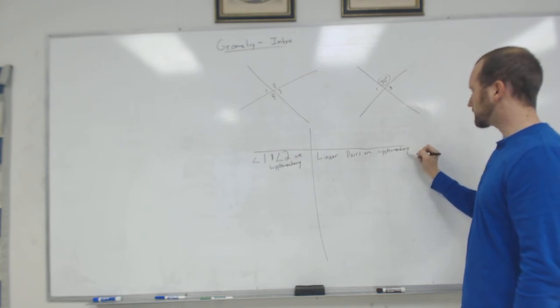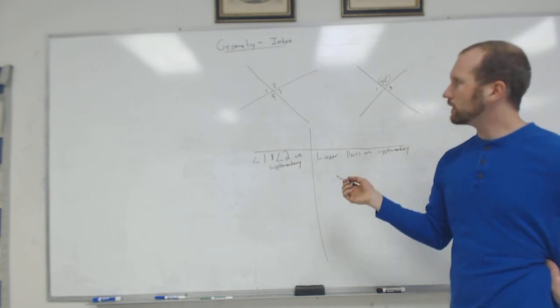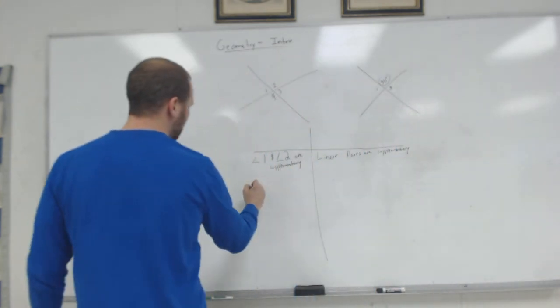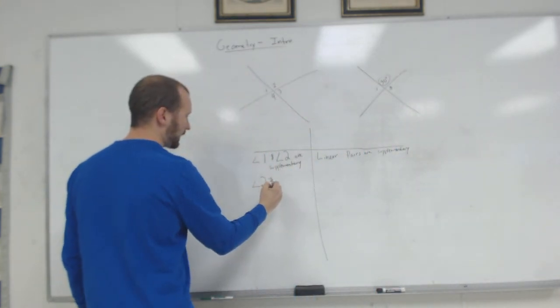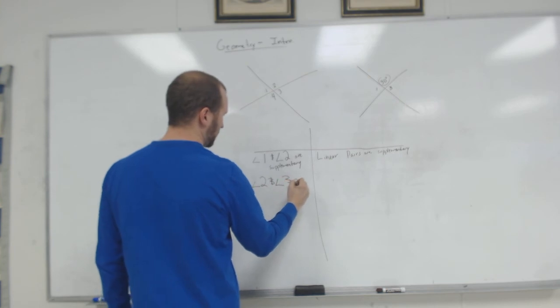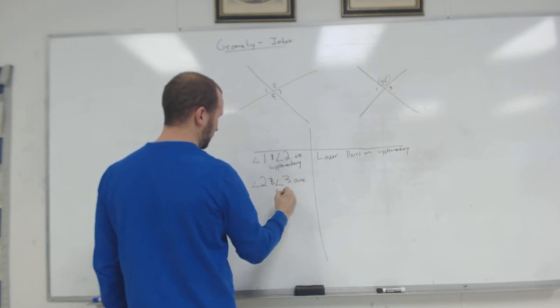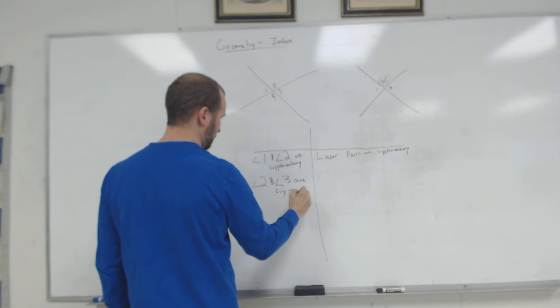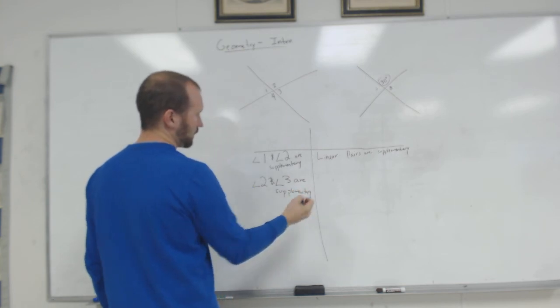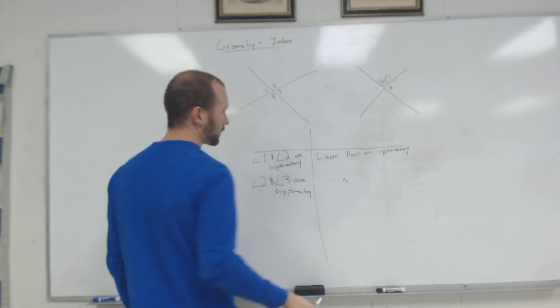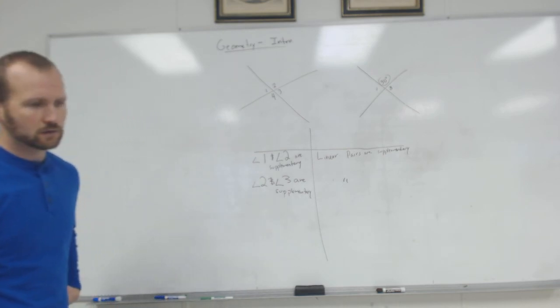So we're just trying to walk someone else through our thinking. The other thing that we know is that angle 2 and angle 3 are supplementary, for the same reason, so I'm just going to put ditto marks.